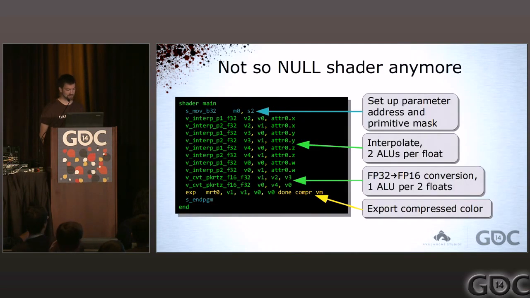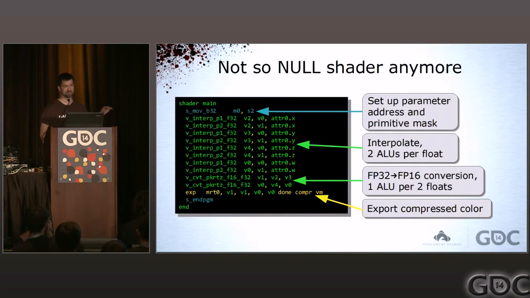So this is basically what's happening in this shader. The first thing is that it sets up a parameter address and a primitive mask. This is provided by the driver, so it comes loaded in the S2 register here from the beginning, and it's moved to a special register for that. Then the interpolation is 2 ALUs per float that you get in.